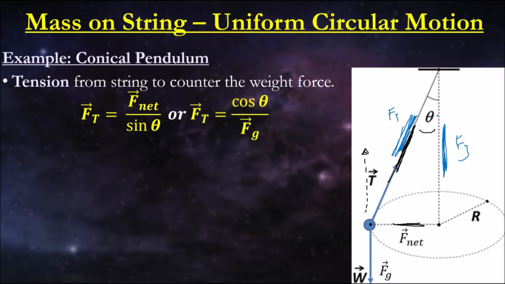Okay, if we want to find the net force with information of the gravitational force only, we can use the following formula or the following ratios. Okay, so those are all the different combinations you can use.